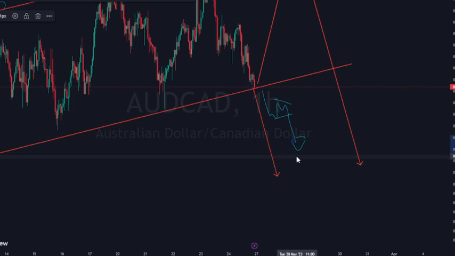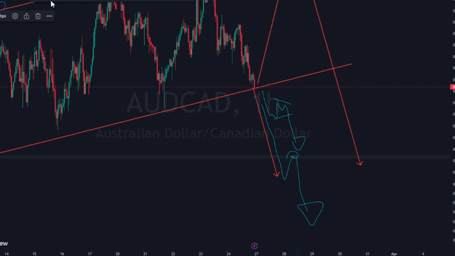Targets will still be this low, or I'm gonna wait for price to break out. It doesn't give me a pattern, anything. I'm gonna wait for price to go back to this zone, give me a retest here, and then I'll enter the sells to the downside.